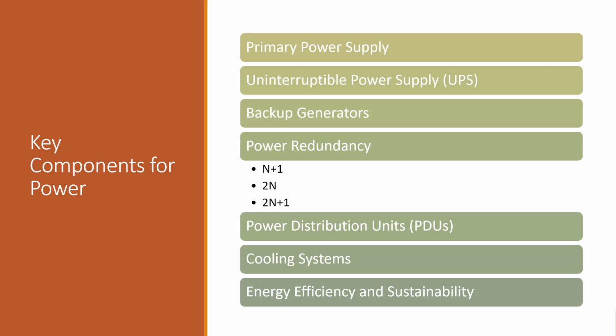Think of this like 2 completely separate power grids. And then maybe you have a 2N+1, where you have 2 fully independent power grids, but you might have additional gear to also help when downtime is just not available to us. And as I said, most environments actually nowadays have 3N power redundancy for this reason.